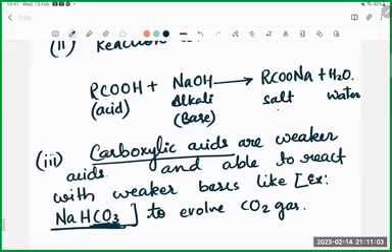Carboxylic acid and mineral acid both can do this; that is a thing you need to remember. So here the weaker acid, carboxylic acid, is treated with sodium bicarbonate, and obviously the liberated gas is carbon dioxide. This is how the weak strength of carboxylic acid can be proven by this chemical reaction.